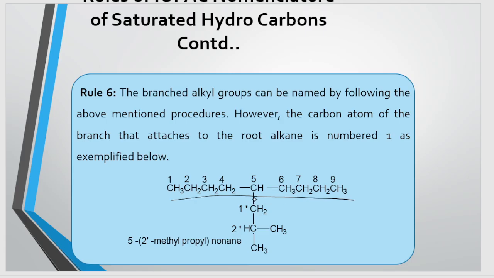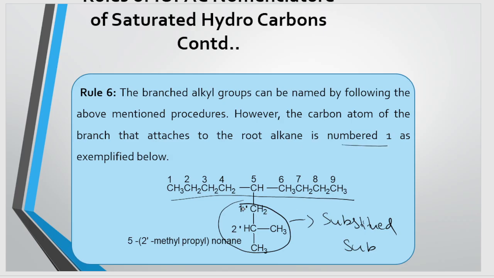But if we consider the substituent group, it is again branched. It is again substituted. Or you can say that this is a substituted substituent. In the case of a substituted substituent, again we need to give the number, and this time the carbon which is attached to the parent chain should be given as 1. That's what they are saying here.